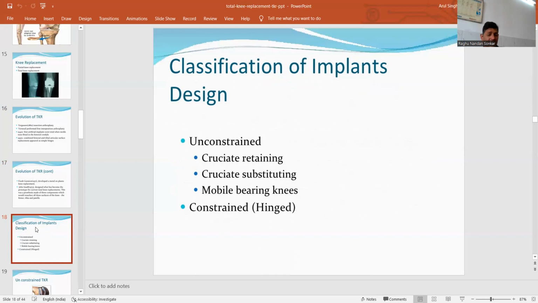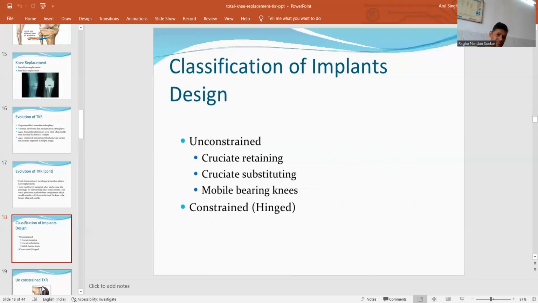When we are talking about implants, an implant can be an unconstrained or constrained knee. Unconstrained knee means CR, cruciate retaining, cruciate substituting, mobile bearing, and hinge.